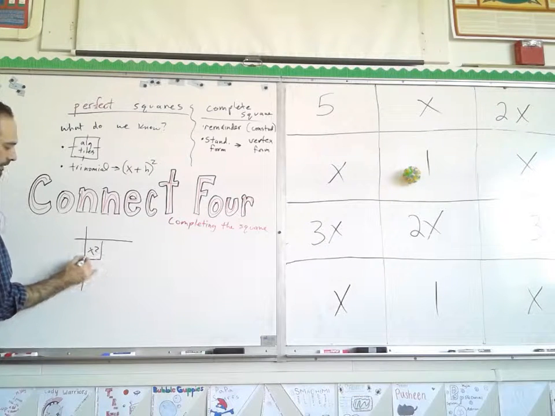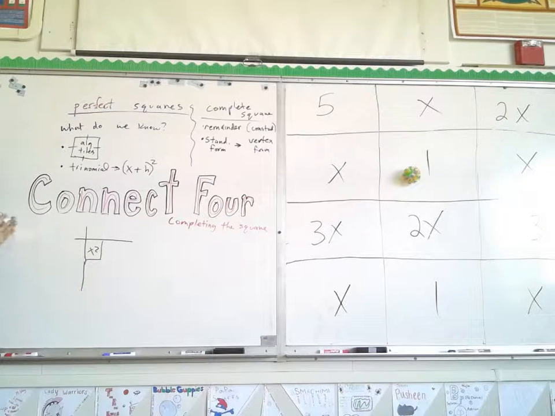The three things that I need to see for this is I need to see the original trinomial, the vertex form, so that's just when we factor it, and we've got to see the algebra tiles configuration. So we're going to have the trinomial, the vertex form, and the tiles.